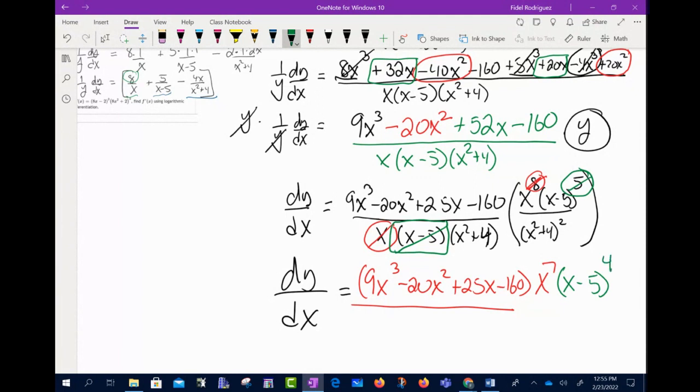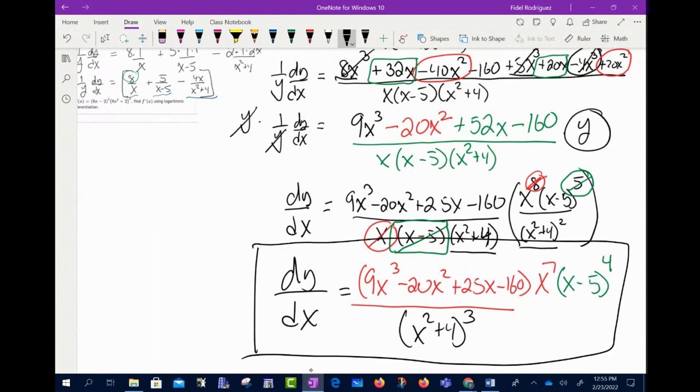Okay. And then finally, the last step, y'all, I want you to look at the bottom part. Look what I still have on the bottom. I have an x squared plus 4, and I have another x squared plus 4 squared. So how many x squared plus 4s do we really have? There you go. And there's our derivative.